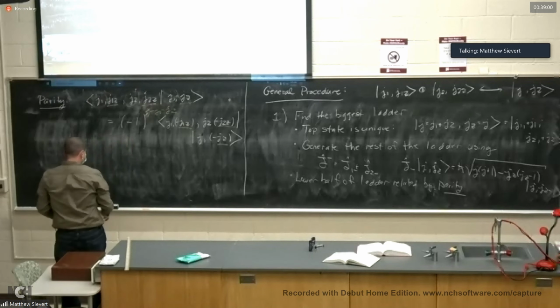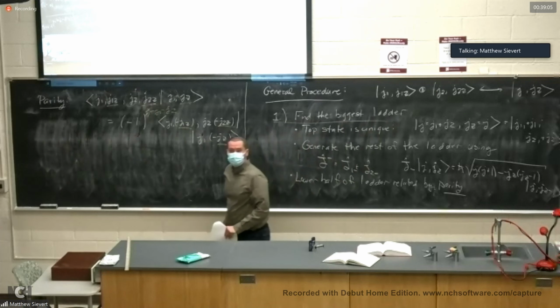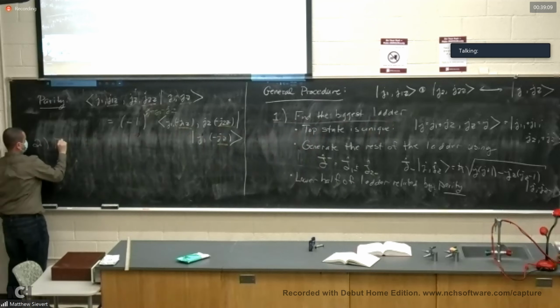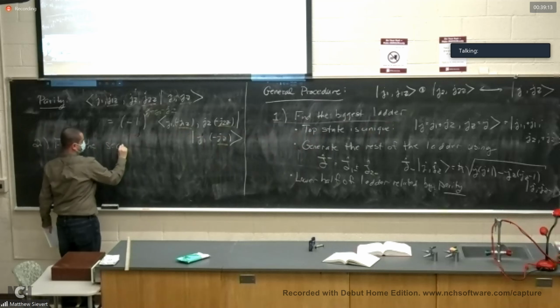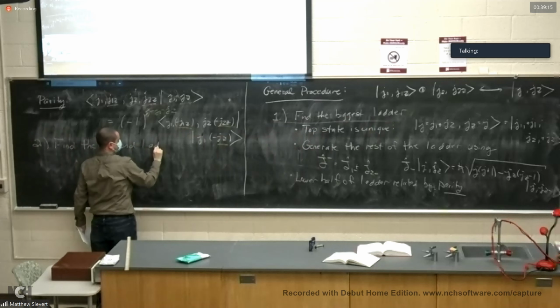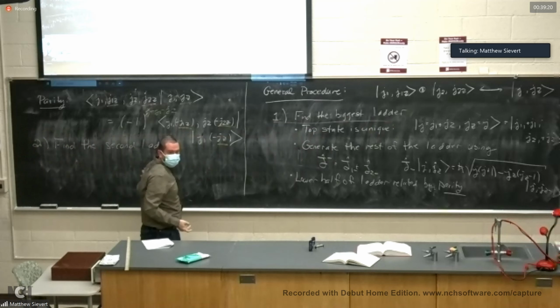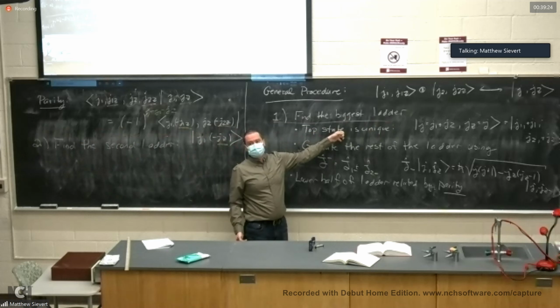All right, once you have found the complete first ladder, you have found the biggest ladder all the way down, now you need to find the second ladder. The key is that the top state of the second ladder must be orthogonal to the second highest state in the first ladder.